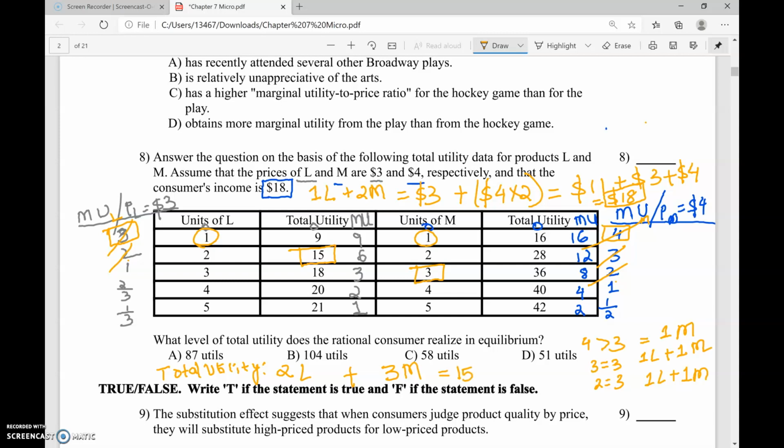The total utility of 3 units of M is equal to 36. If I do the math, my answer will be equal to 51. And that's the solution to this question.